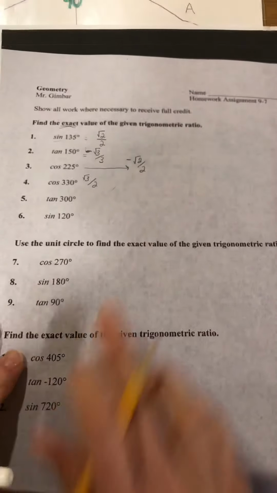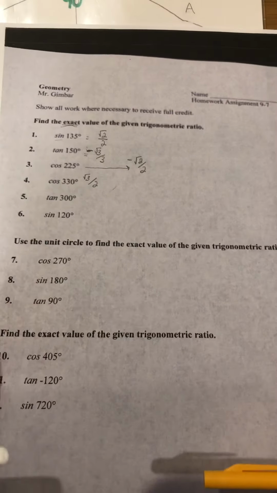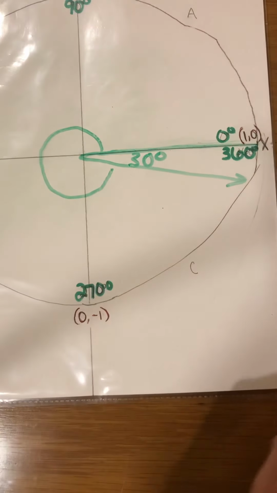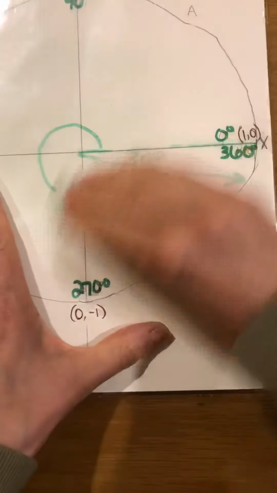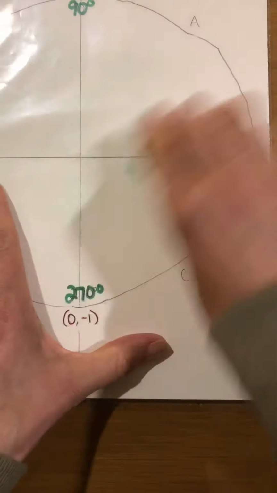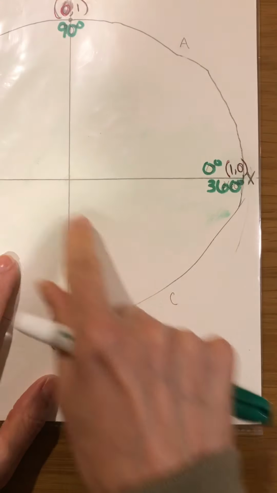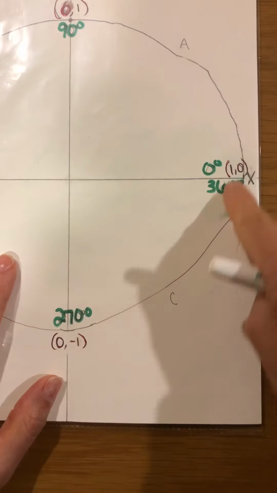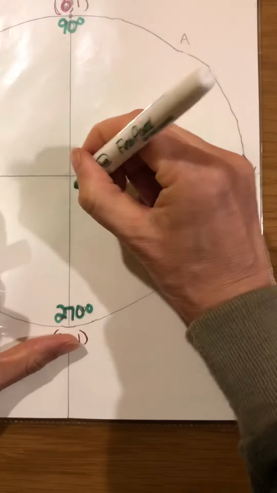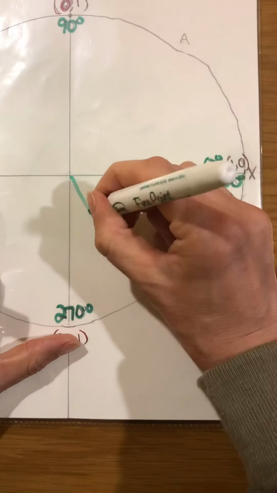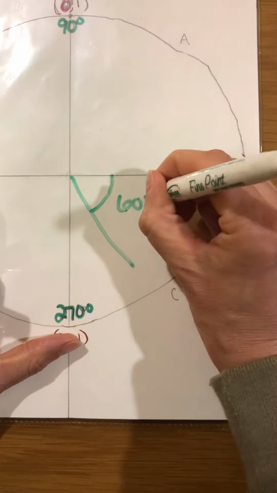Cosine is positive. All right, now tangent of 300 is number 5. 300 degrees would be 60 degrees before we get to 360. So our reference angle is 60.